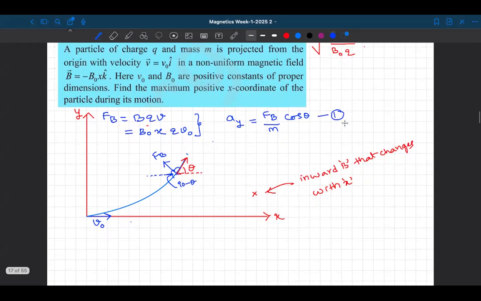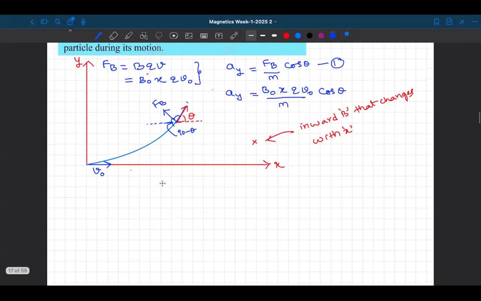AY is this. Now what is AY? You write properly again: B naught X Q V naught cos theta by M. By the way, if you ask me what is AY, I have one more answer. dvy by dt is B naught X Q V naught cos theta by M. That is dvy, so I have a very clear picture about dvy.